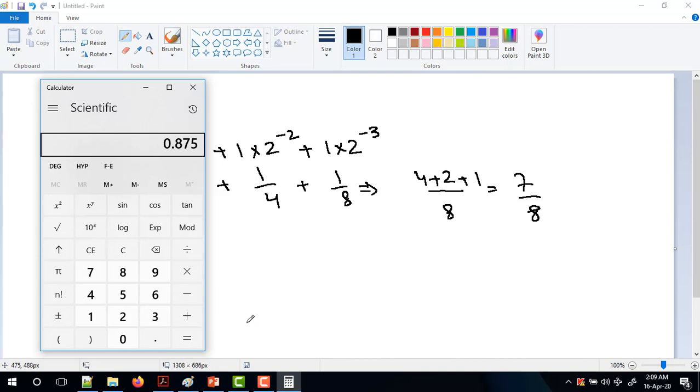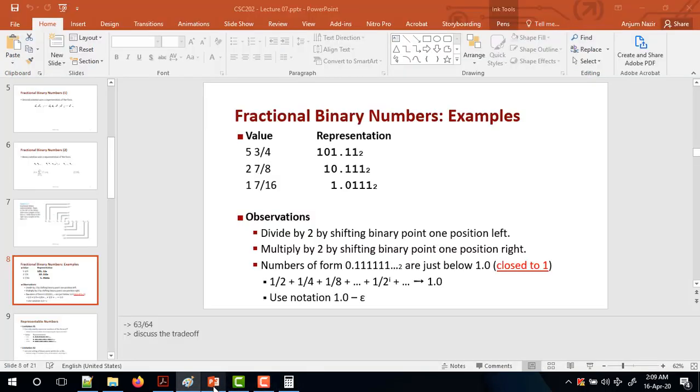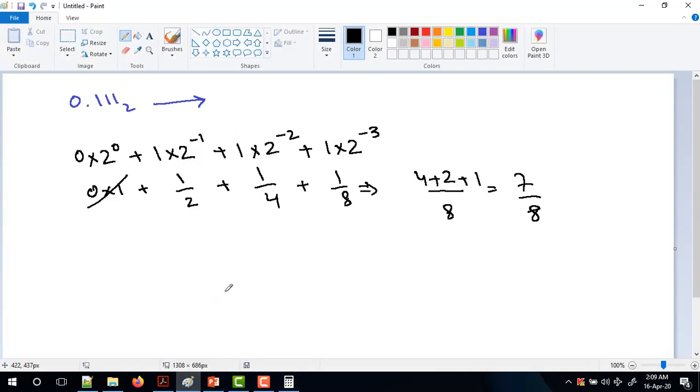Okay, now let's observe one more thing. Let's do it over here. For example, if I increase the number of bits after the decimal, that is what we are talking about. If we increase the precision, you remember we had a few things like precision, accuracy, something like that, right?